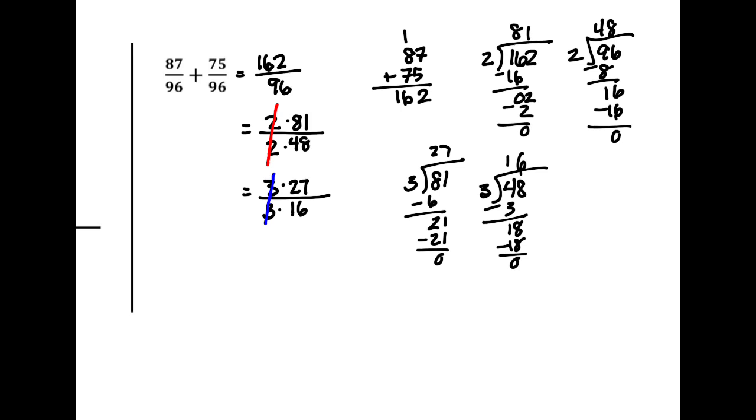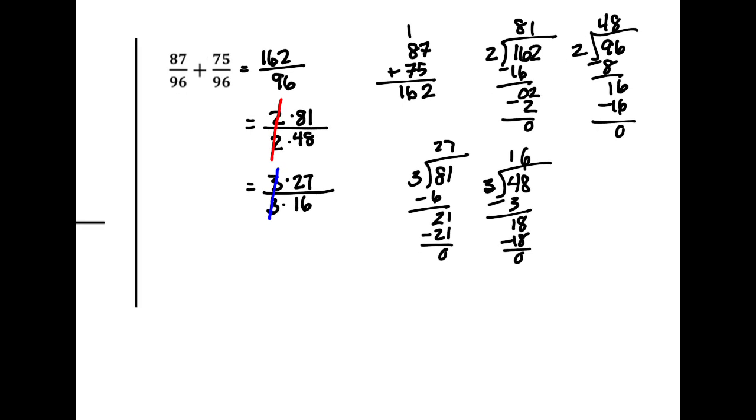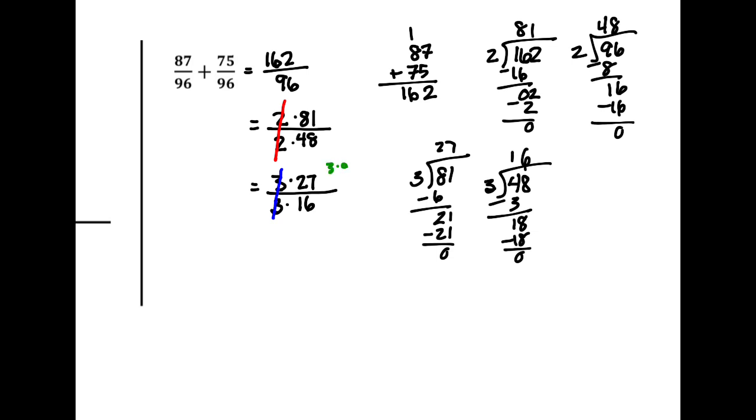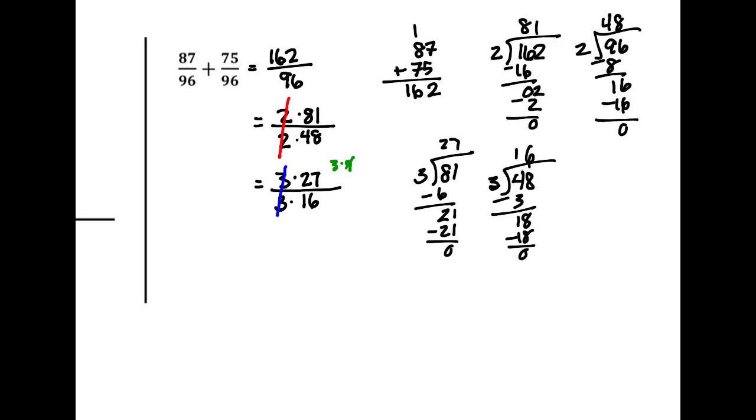Now 27 and 16. 27 is 3 times 9, and 9 is 3 times 3, so it's just a bunch of 3's. And none of these 3's go into 16, so you're done. This is your answer, 27 over 16. And you can change it to a mixed number if you would like to.